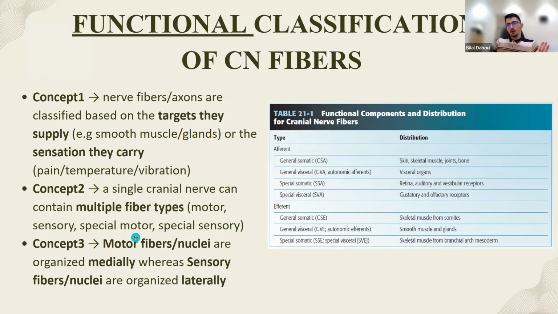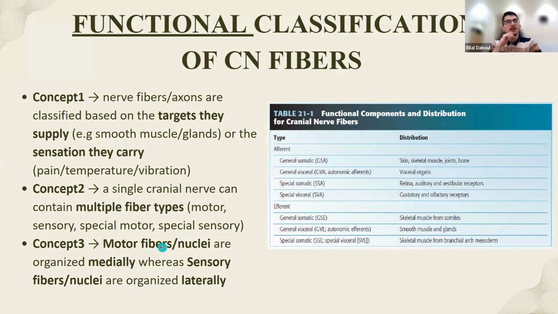Concept 3. Motor fibers or nuclei are organized medially in the brainstem. So motor cranial nerves arise generally from within the brainstem, okay, medially. This is opposed to sensory fibers or sensory nuclei, which arise laterally. Okay, that's a very important point. We'll revisit this multiple times in cross sections and lesions.